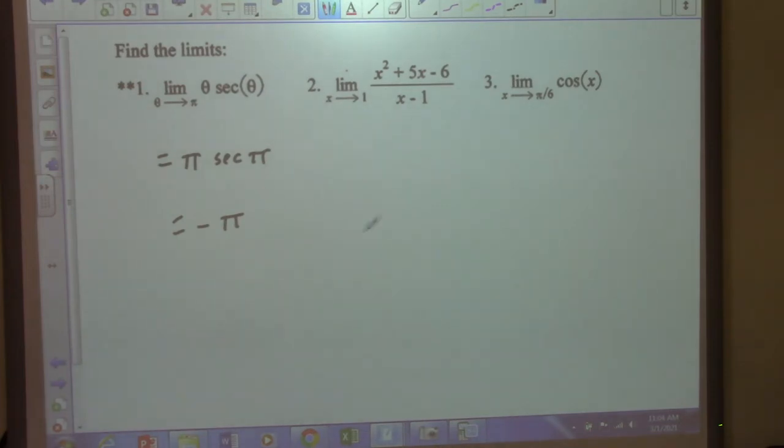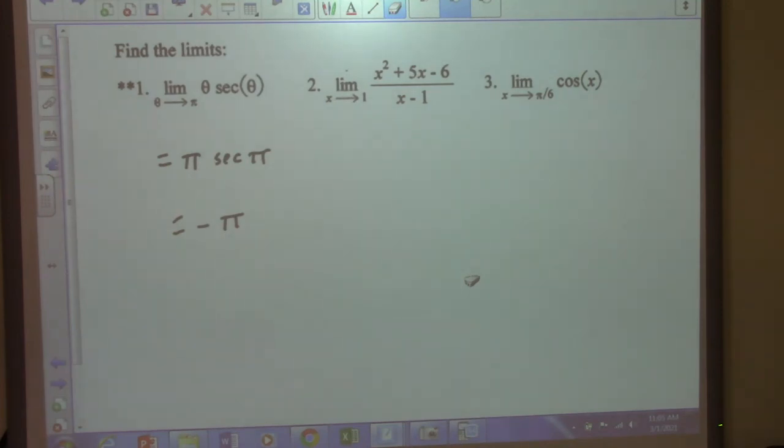Substituting in, try the techniques here for number 2. When you substitute in, what do you get? You get indeterminate. Undefined is division by 0. Indeterminate is 0 over 0.